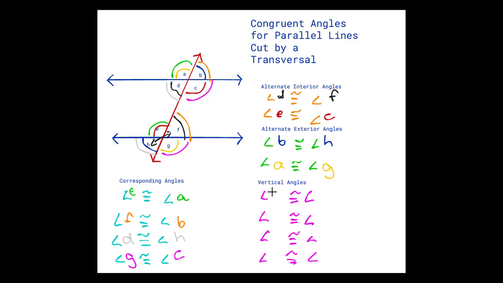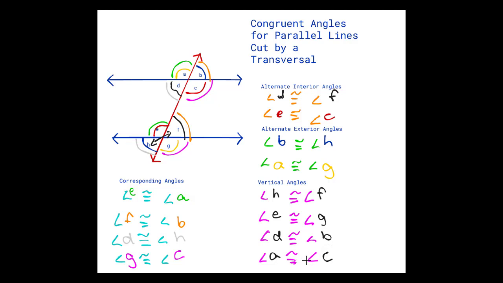So angle H is congruent to angle F. Angle E is congruent to angle G. Angle D is congruent to angle B. And angle A is congruent to angle C.